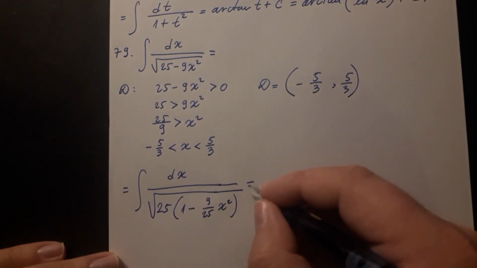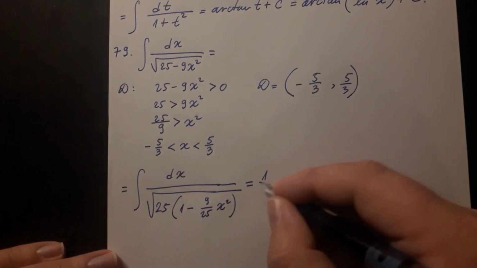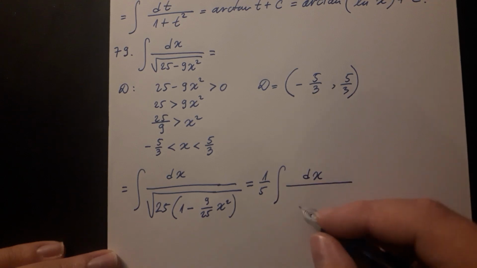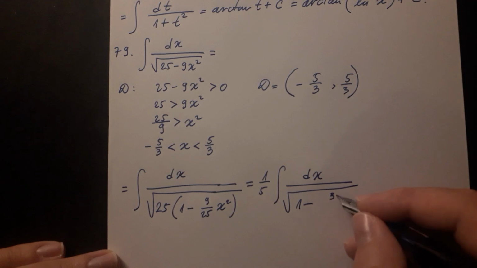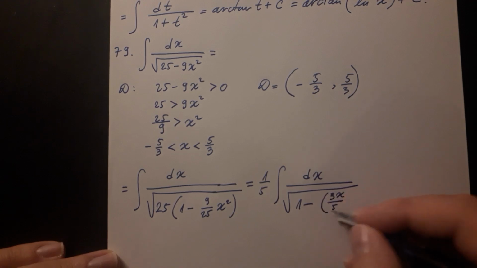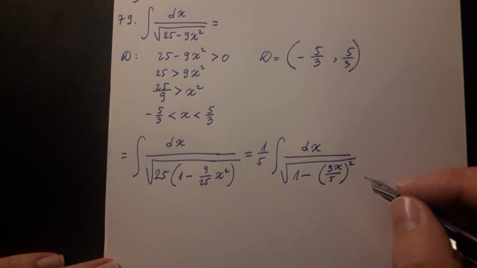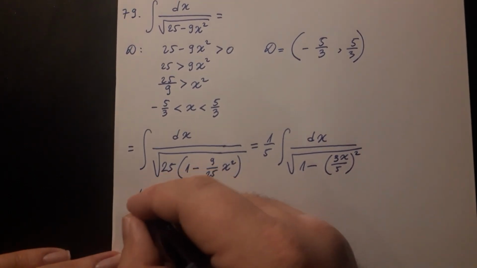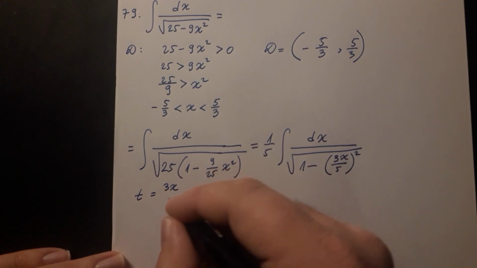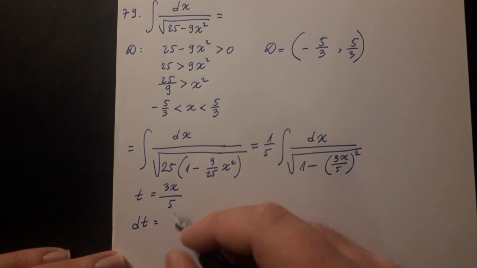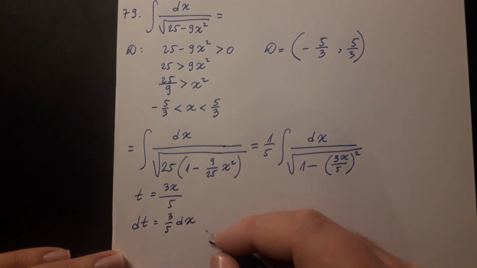We can then transform this integral into 1 divided by 5, integral of dx divided by a square root of 1 minus 3x divided by 5, and that entire part squared. We can now use a substitution that t is equal to 3x divided by 5, and that means that the differential of t is equal to 3 over 5 differentials of x.